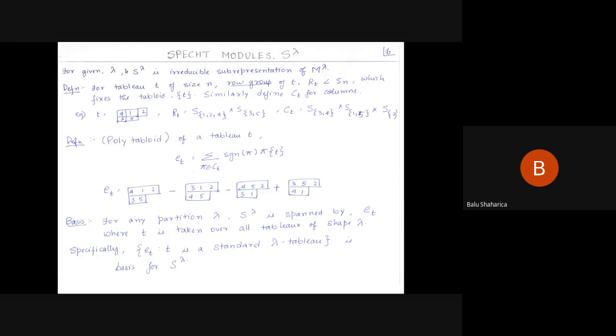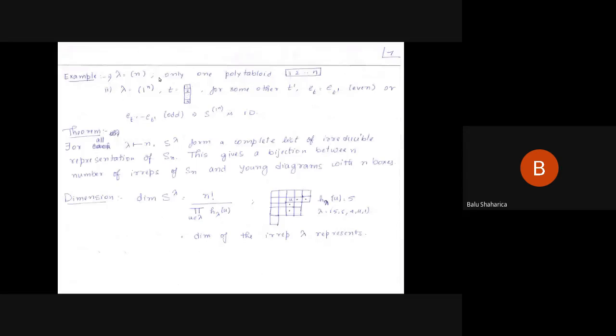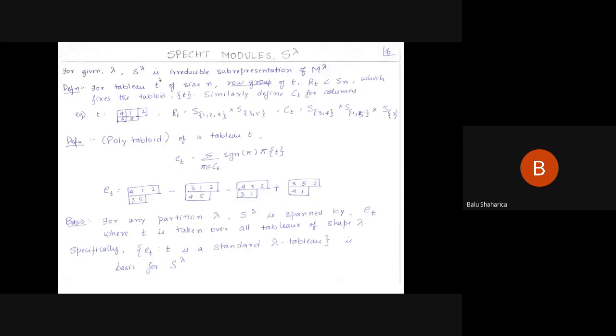So we will define this space S lambda using some other basis vectors and see how that will give us simple characters. So basically, irreps is what I mean. To define the basis, we will need something called a polytabloid.